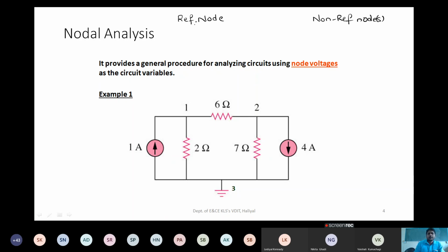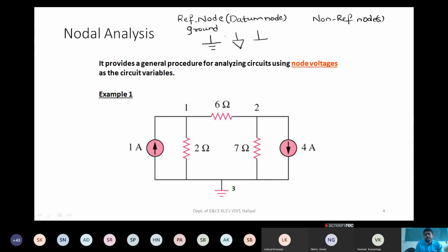So what is this reference node here? This reference node is also referred to as the datum node, or it is sometimes also called ground, and it is usually indicated with this symbol, or with this symbol, or only with this symbol also.